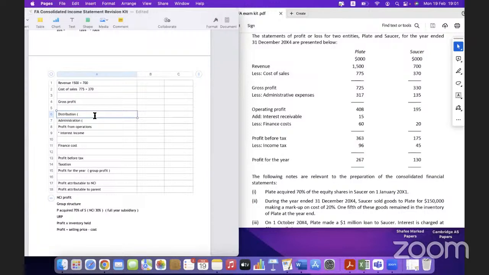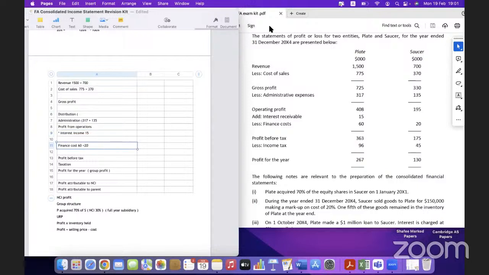Administration, guys, copy. 317 plus 135. Sorry, that's administration. Okay. Then, guys, operating profit, don't copy. Interest income, I will write it here, 15. Finance cost, guys, let's copy 60 plus 20.